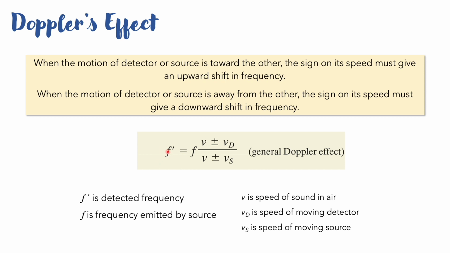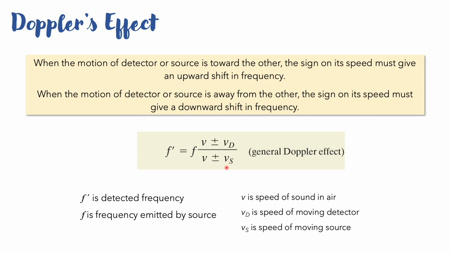where f prime is the shifted frequency, f is the original frequency emitted by the source, this v is the speed of sound in air, this vd is the speed of the detector's movement, the detector is moving with a certain velocity, this v is again the speed of sound in air, and vs is the speed of the source.